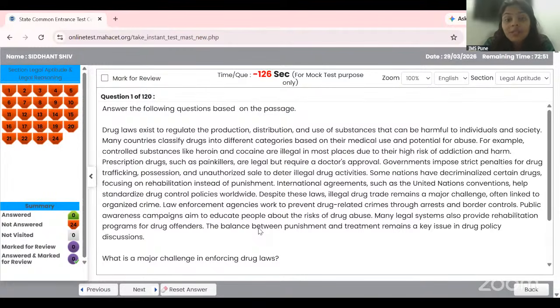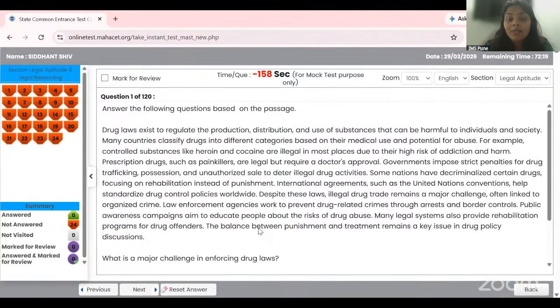that is, when certain categories of drugs are allowed to be used, how penalties are imposed for unauthorized use, what the international situation is when it comes to drug related laws, and how we are ensuring that people know how to use these drugs in a manner which is not harmful to them.